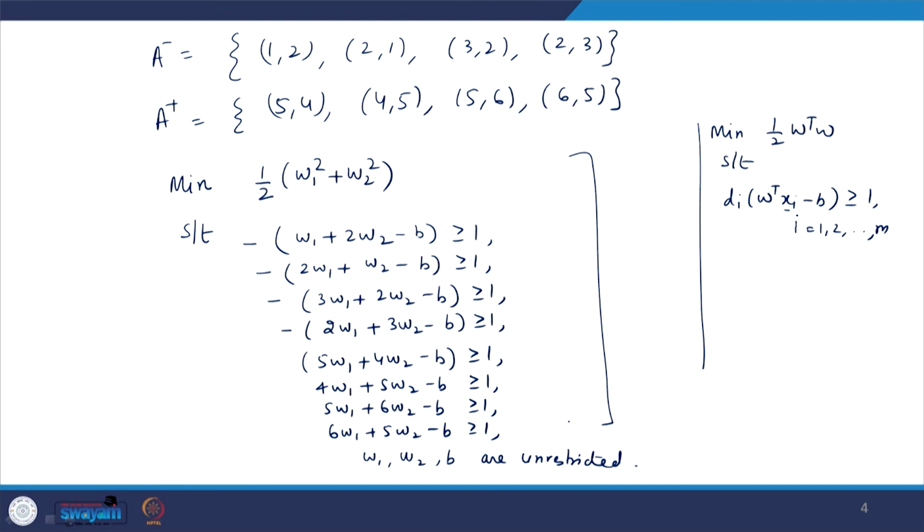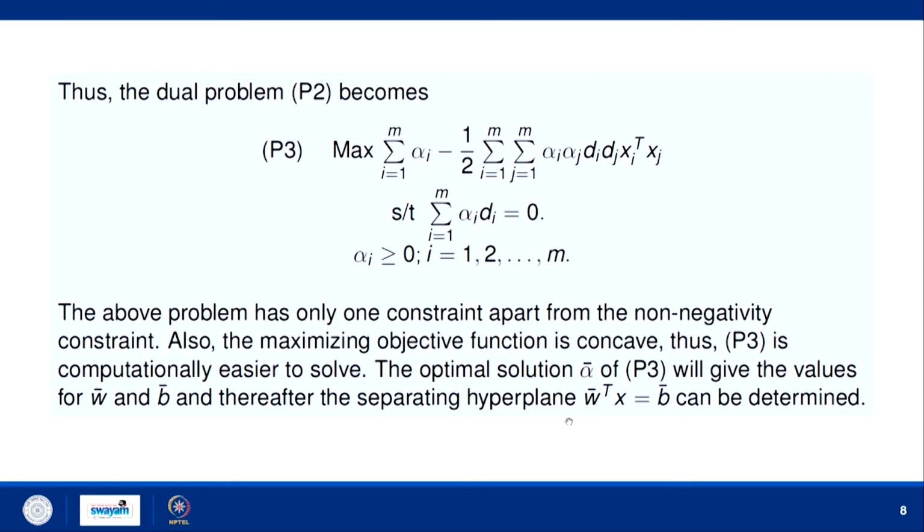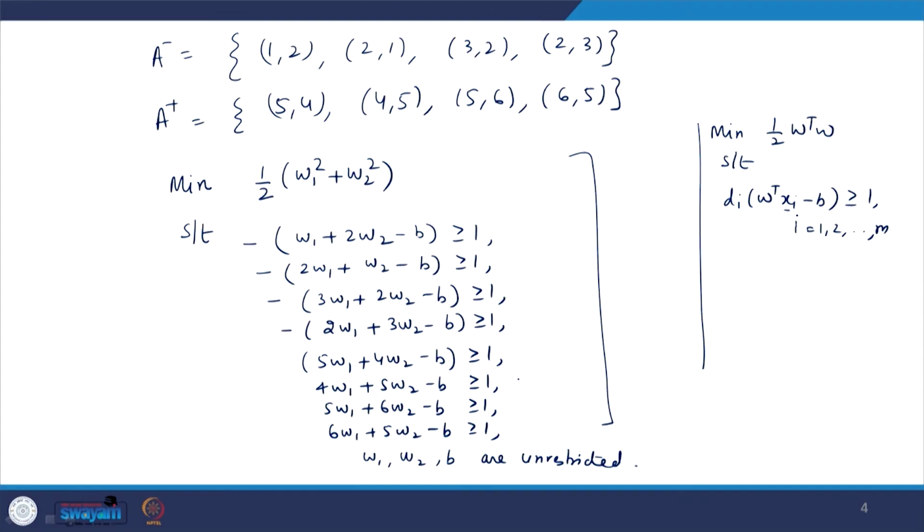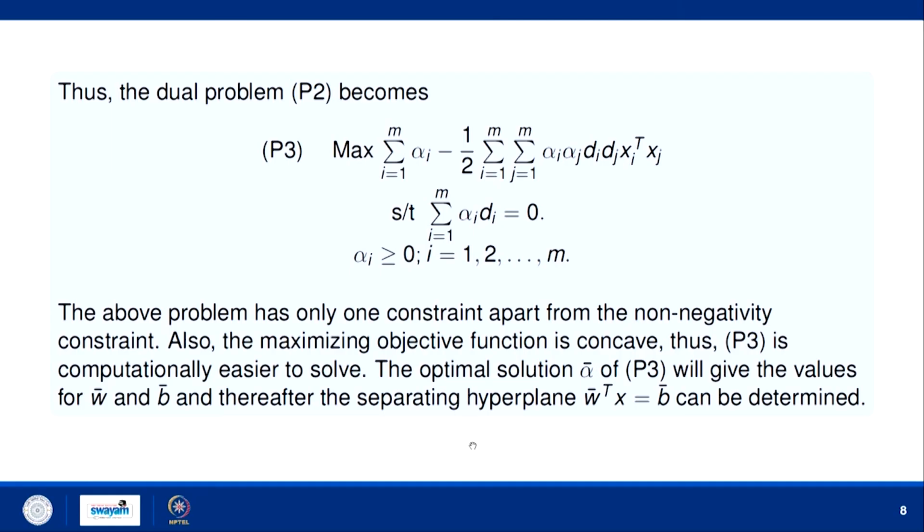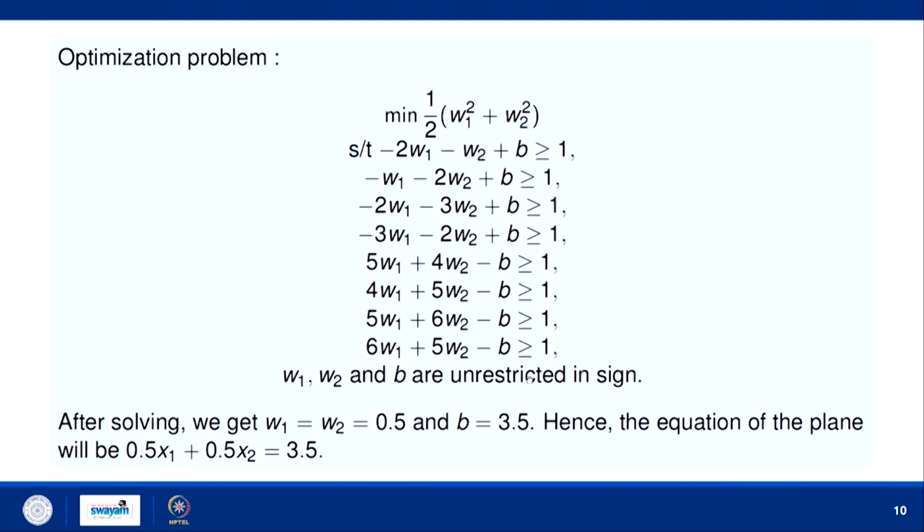We can solve either this problem or we can write a dual of this problem using this formulation, and solve either of the two. These are the constraints, and you can use any solver to solve this problem. We will get w1 equal to w2 equal to 0.5 and b equal to 3.5.